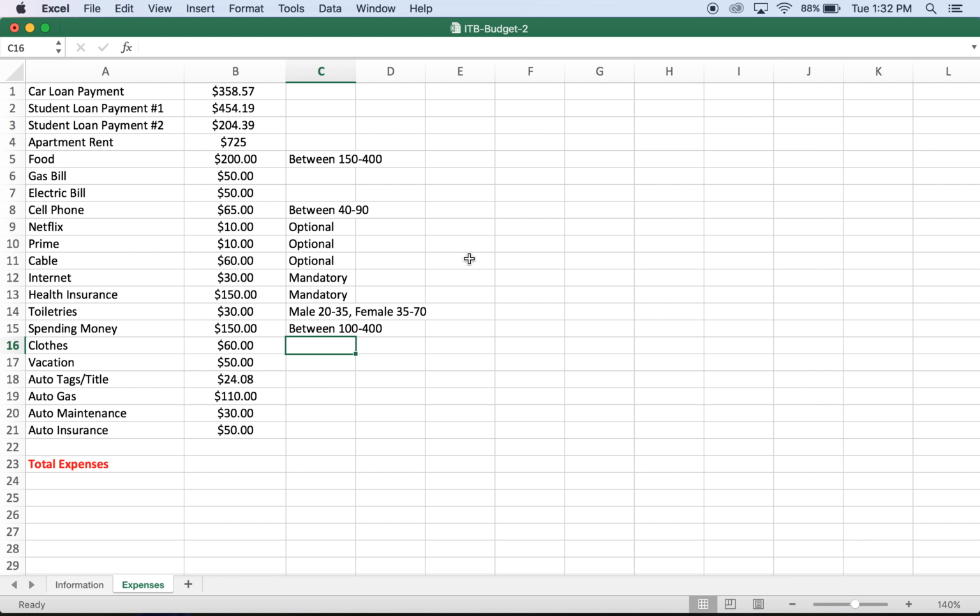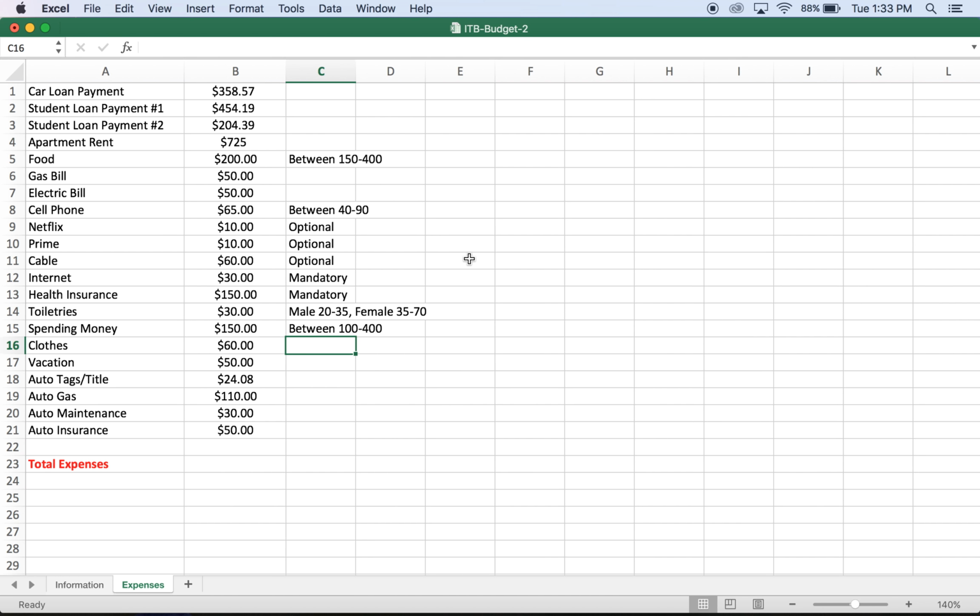So if I put $60, that's going to be about $720 throughout the year. That's going to be for slacks, for belts, for shirts, for ties. This might be dresses for weddings, shoes, dress shoes, sneakers, anything like that. I put about $60 a month.